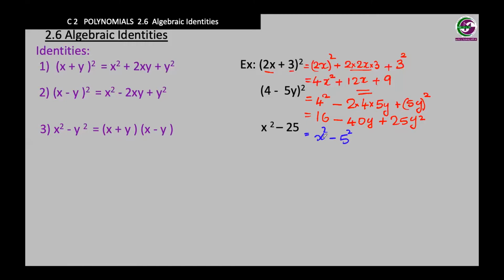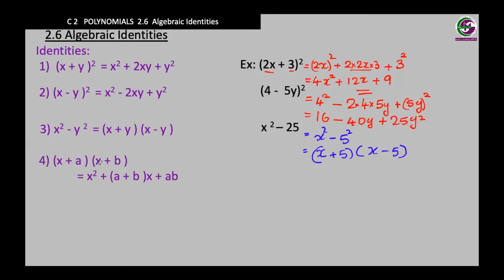So this is in the form of x square minus y square, which is equal to (x plus y), which means first one plus the second one, times first one minus the second one, and that's it. We are done.